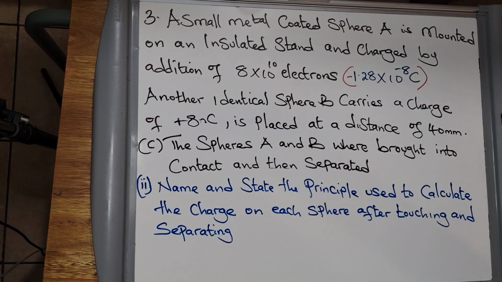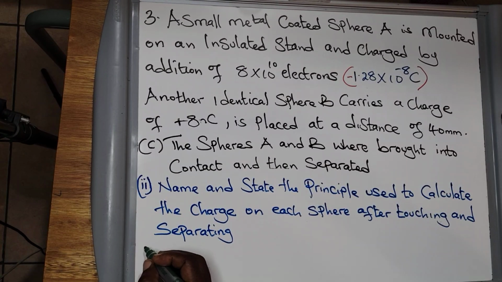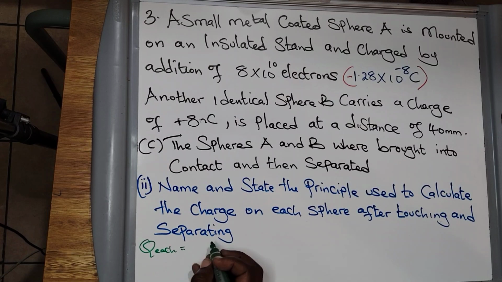It says, name and state the principle used to calculate the charge on each sphere after touching and separating. We have to remember that the equation we used is Q on each equal to Q1 plus Q2 over 2.